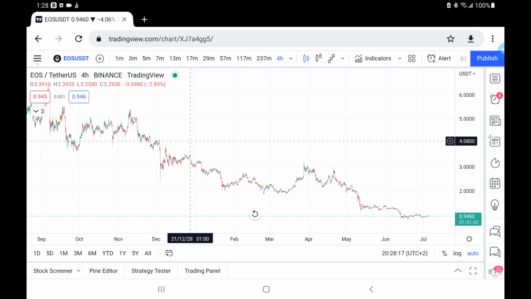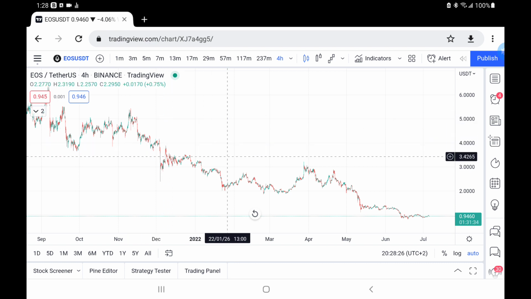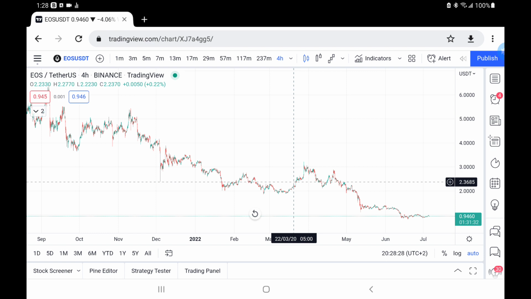It's going down. The trend shows EOS is losing value. You can see it clearly and visibly, and you can see it over the course of 6 months. So it's rational to say that is the trend.